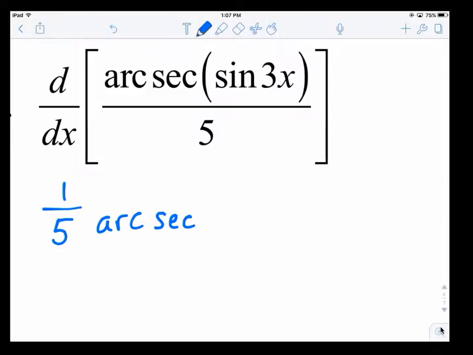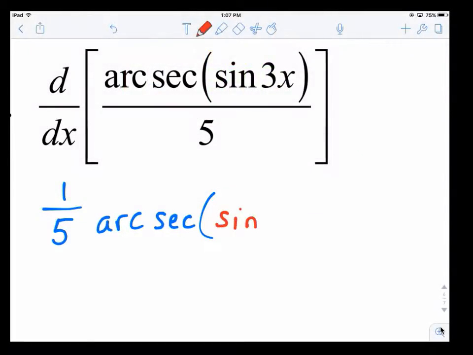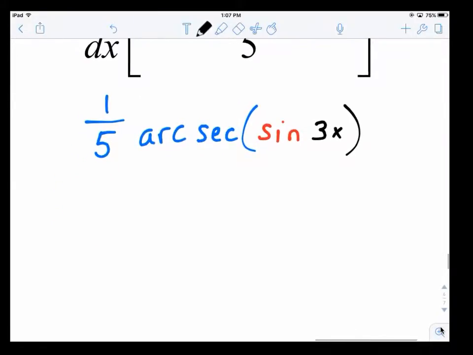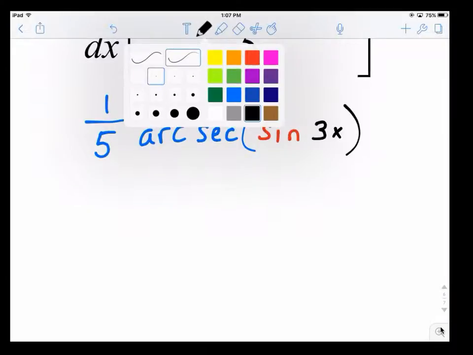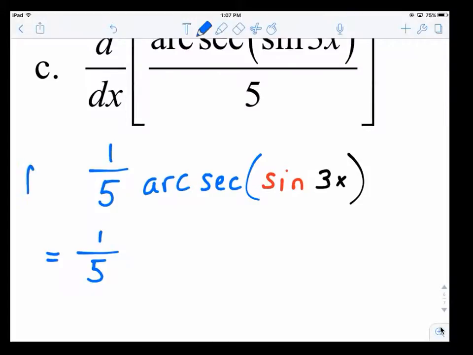arc secant, and then you have sine of 3x, right? All right, so the derivative of arc secant. No, this is still like your original function. Right?